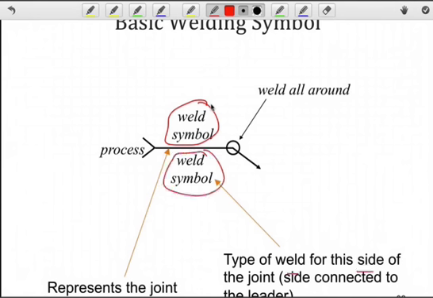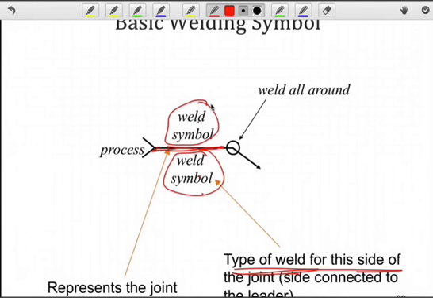The type of the weld for this side of the joint can be specified on this side, and if you look at the line on the welding symbol, that's supposed to represent the joint that you're creating. So I would put it on both sides if I wanted to indicate the type of weld on each side.